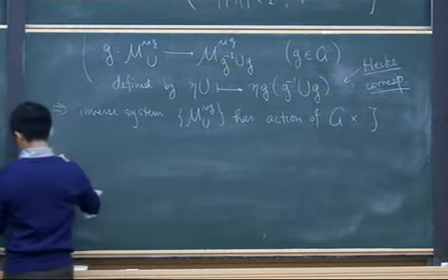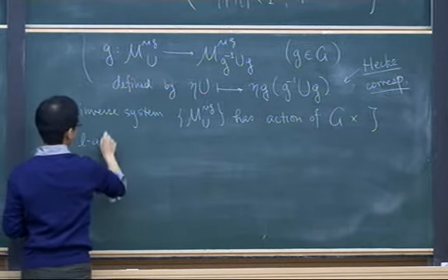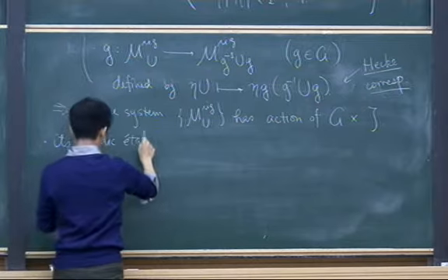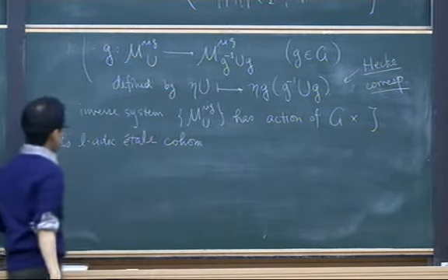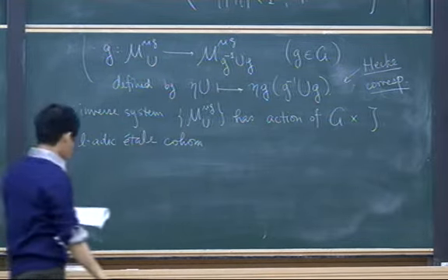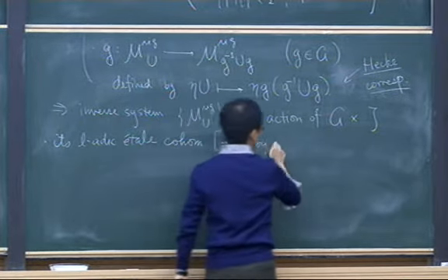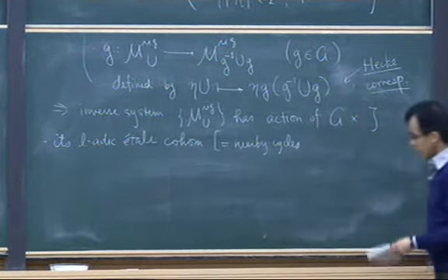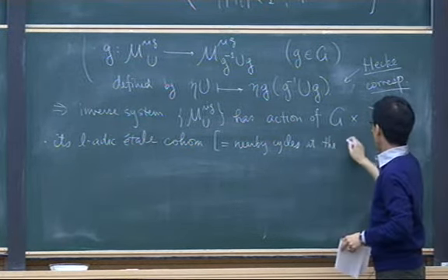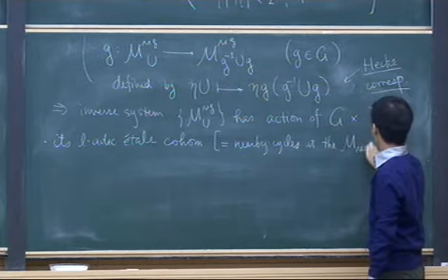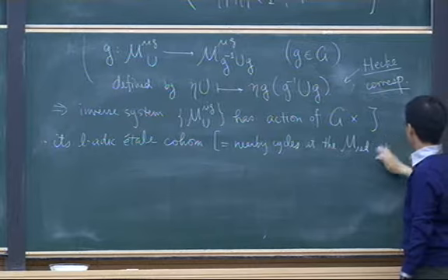A few remarks. So it's étale cohomology, which is another name for nearby cycles at M-red, which was a point.